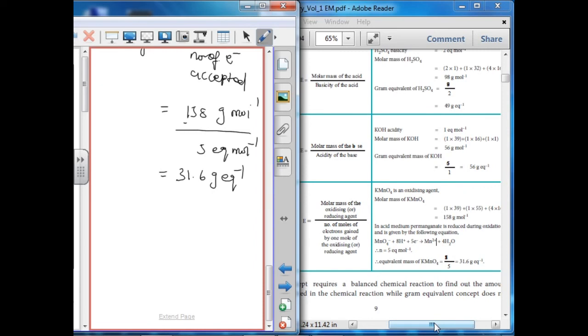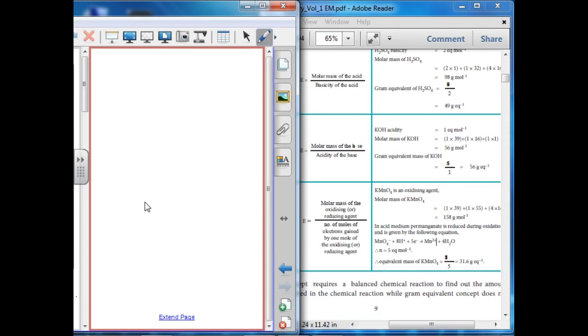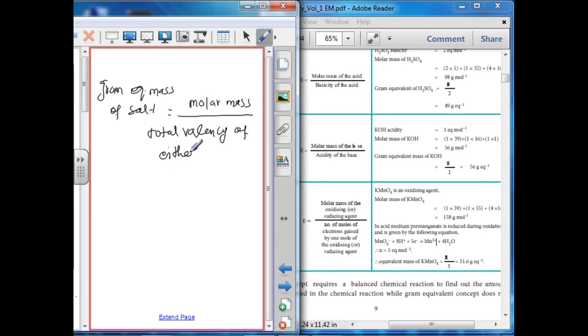The last one is the gram equivalent mass of a salt. It is equal to the molar mass divided by the total valency of either the cation or the anion present in the formula of a salt.